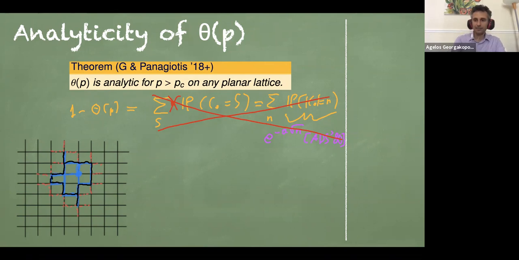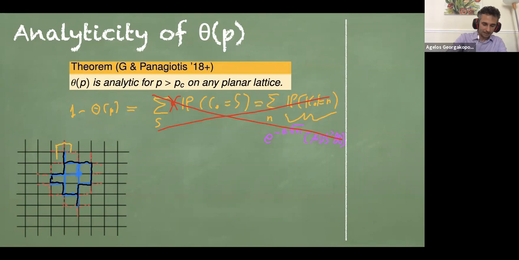It's an outer planar graph separating my cluster from infinity. And it has closed edges sticking out of it. And this guy, we know that it does decay exponentially. So the probability that this black thing has length n decays exponentially in n. Why is that? Again, we look at the dual.